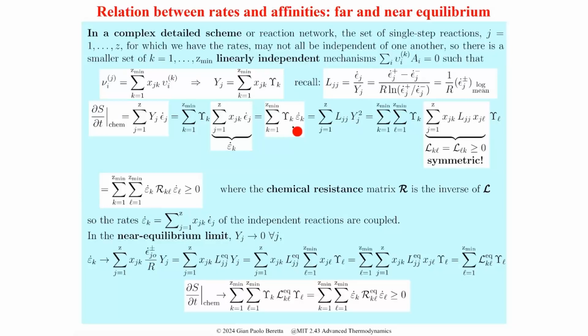So if we keep going and substitute again the expression for the affinities of the Jth reaction in terms of this other epsilon, affinity of the independent ones, you come up with this, and therefore you have a quadratic form in the coefficients of the linear combination that couple and combine the L's, so the ratio rate to affinity of the single non-independent reactions.